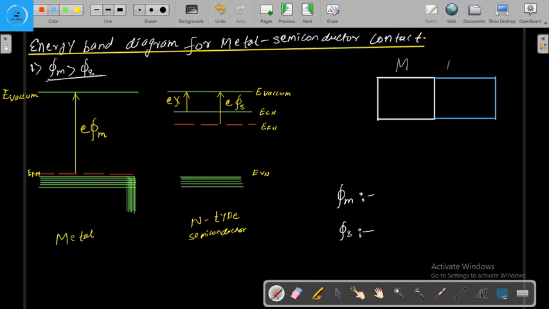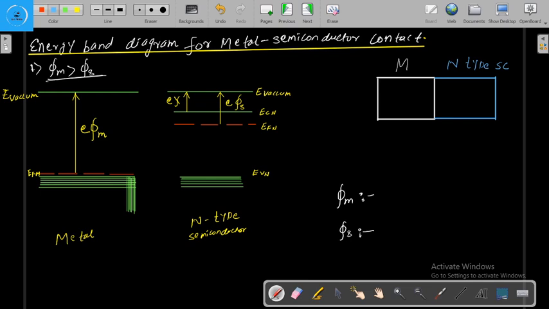One is, let us say, an n-type semiconductor. Here we are talking about the contact between the metal and the n-type semiconductor.